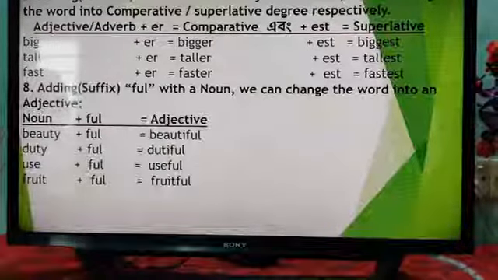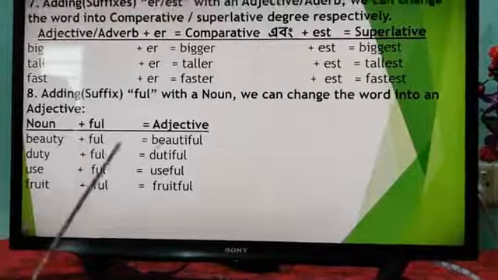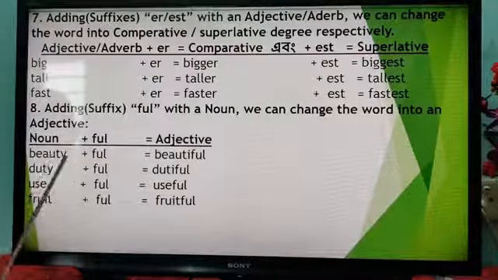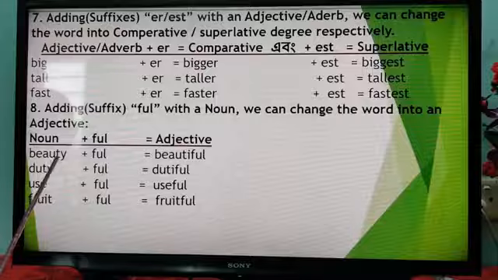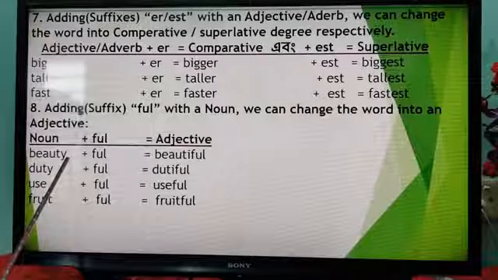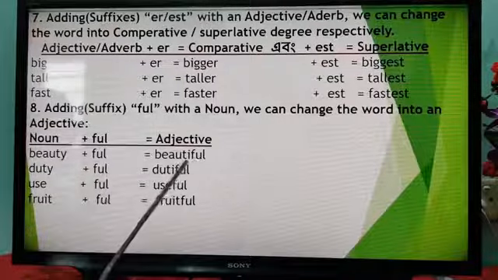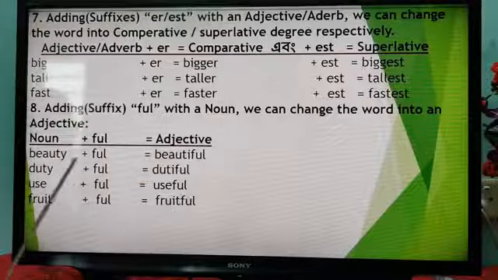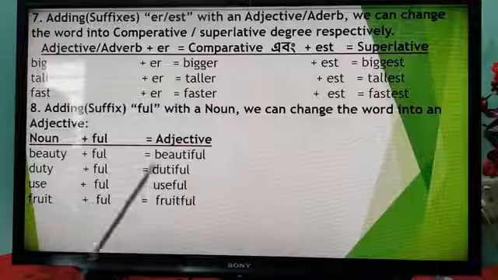You look here, y turns into i. If y is at the last and there is a consonant before the last letter, then it turns into i. So beauty, beautiful. Y turns into i and then ful.